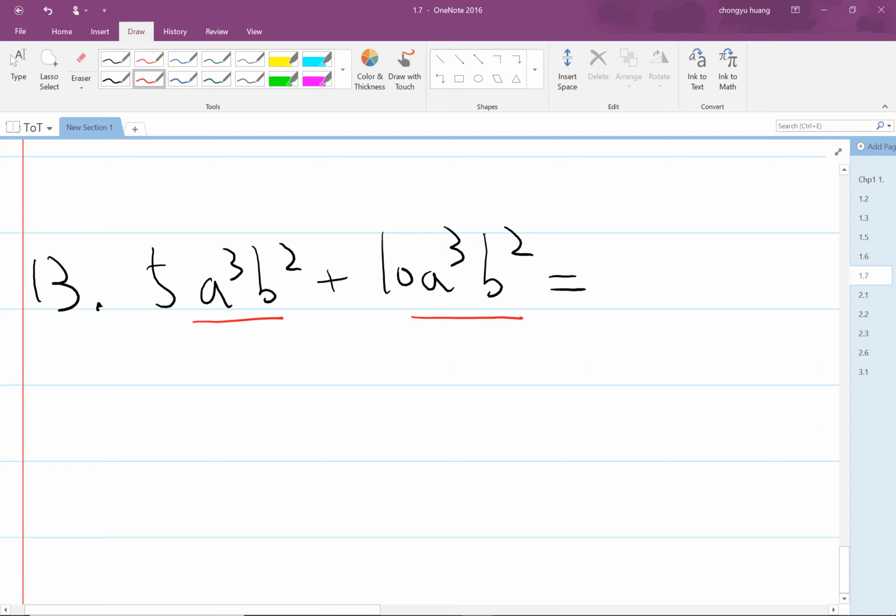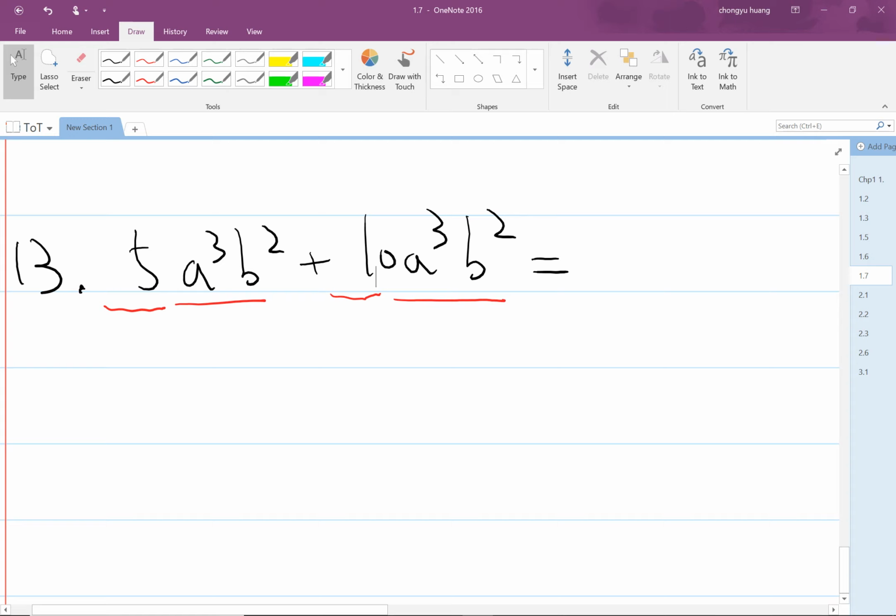Over here, you have integer 5 and another integer 10, and if you want to add them, you want to make sure they have the same term. Over here, they have a to the power 3, b to the power 2, and a to the power 3, b to the power 2. So those are the same thing, so you are able to add them. 5 plus 10 is equal to 15, right?